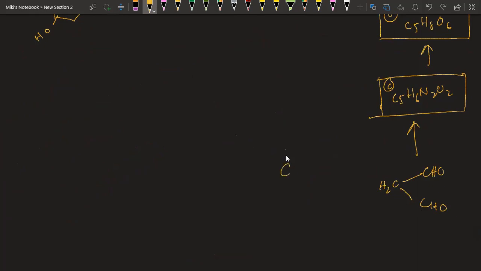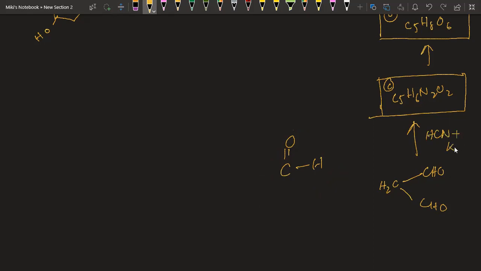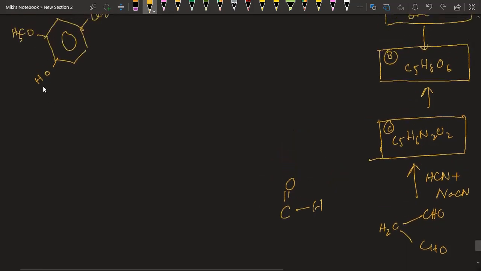CHO means aldehyde, that means this group. Now, if we apply HCN plus K, it could be KCN or it could be NaCN. Either is correct because we are using it as a catalyst. So NaCN is given in my question, so let it be NaCN.